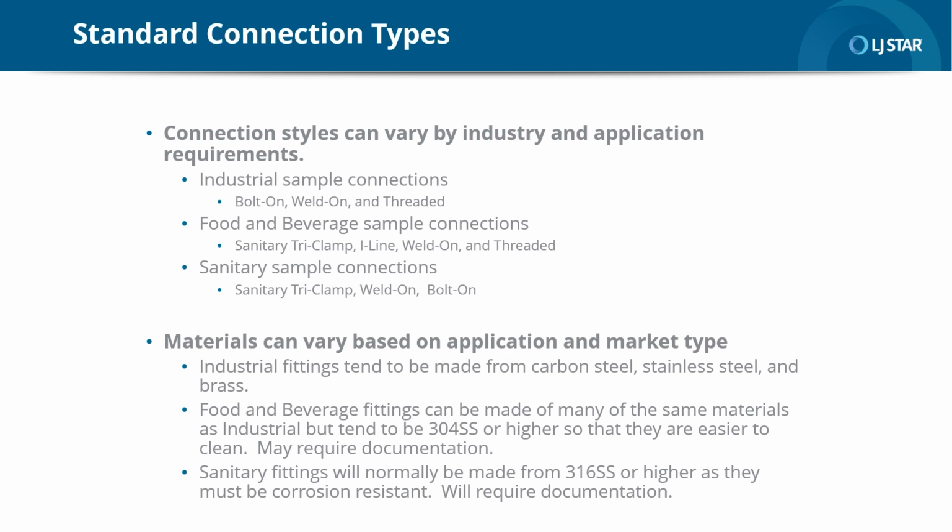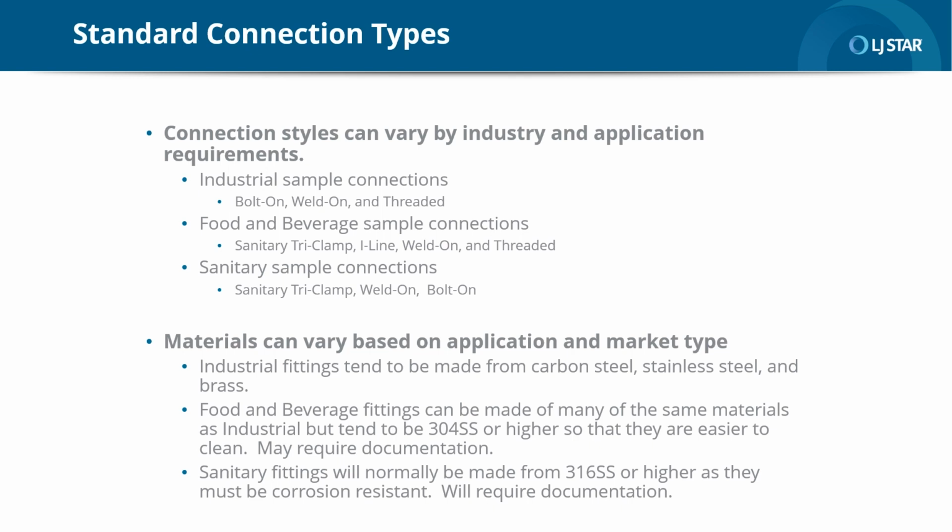And then when we get into sanitary, we're looking at 316 or higher. You don't see much 304, but you do see a lot of 316. You may see AL6, you may see duplex. They require a little bit higher corrosion resistance in the sanitary markets compared to, say, industrial, where carbon steel may be acceptable in a lot of the applications.